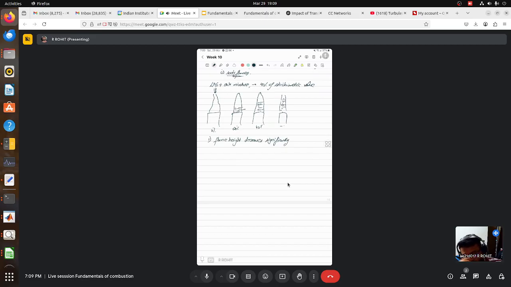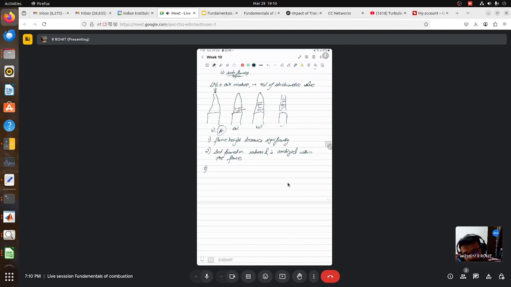You will see that there is a change in the flame height, and soot formation reduces as you increase your air flow rate, and the soot is oxidized within the flame. So that's one more thing. And the third thing was, so that's what we have shown here.